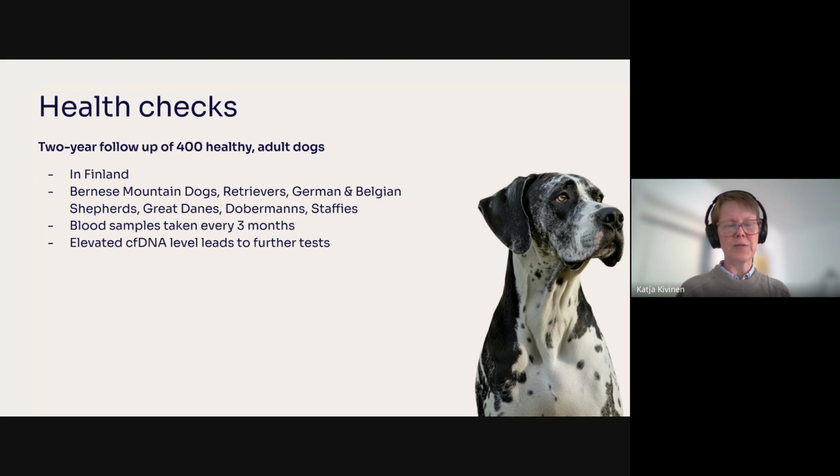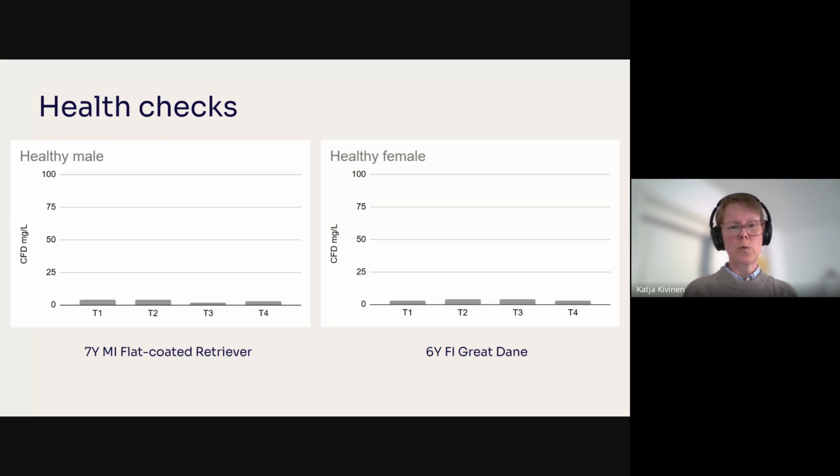So we have Bernese Mountain Dogs, flat-coated retrievers, but also golden and Labrador retrievers, German and Belgian Shepherds, and Great Danes, Dobermans, and Staffies. And we take blood samples every 3 months, process and analyze those as normal. And if we find elevated cfDNA levels, these lead to further tests. So for most dogs, this is what we see.